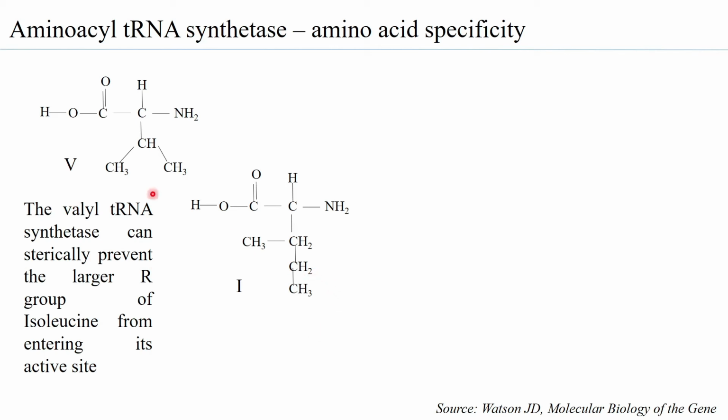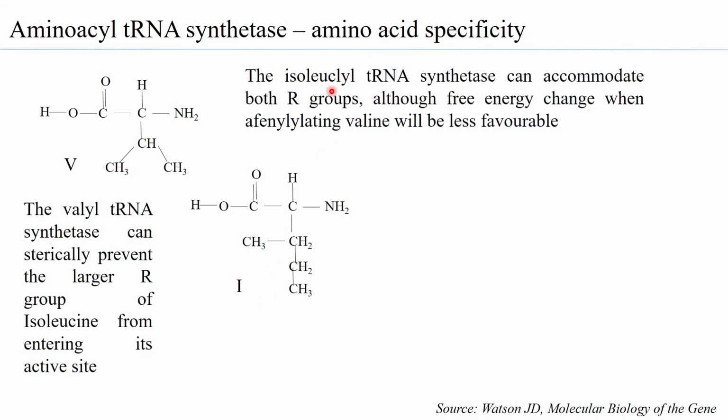So therefore, it can bind to valine more effectively, but it will space out or it will not allow the isoleucine to enter the active site. So that is how valine tRNA synthetase can easily choose valine over isoleucine. But what about isoleucyl tRNA synthetase?